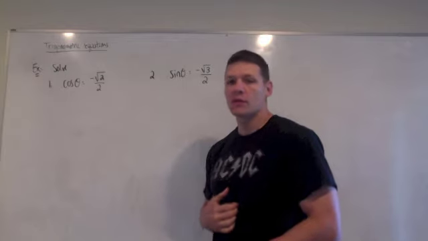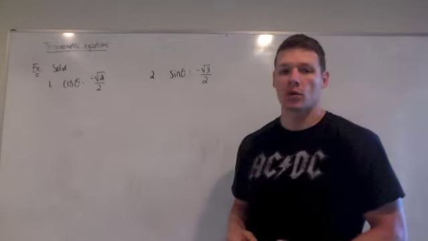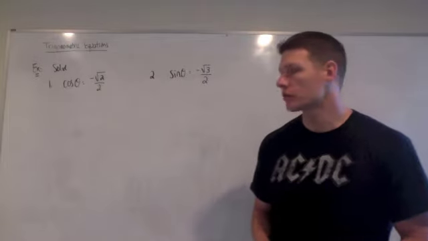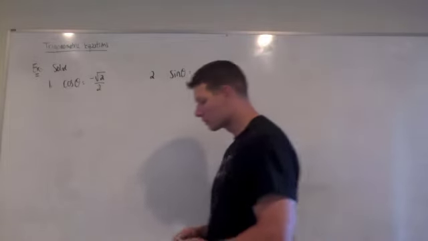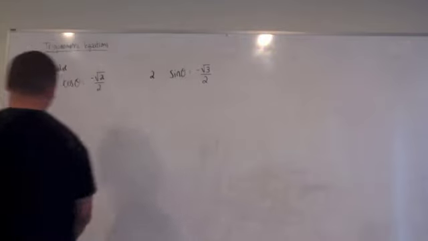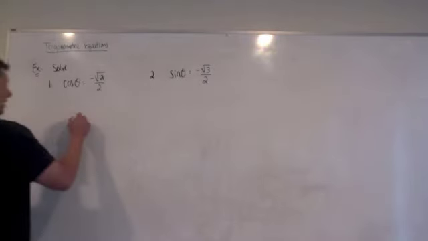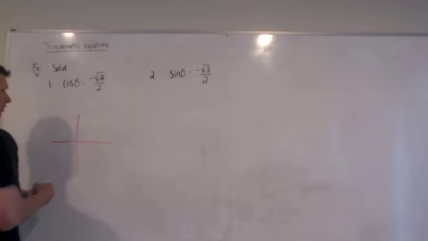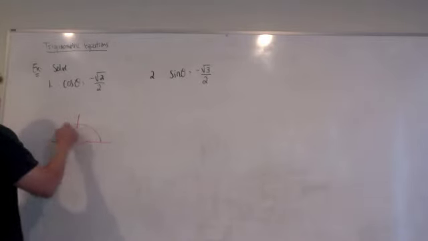If I want to solve something like this, what I'm looking for is all values of theta such that cosine of theta equals negative root 2 over 2. That is, when is the x-coordinate on the unit circle equal to negative root 2 over 2?